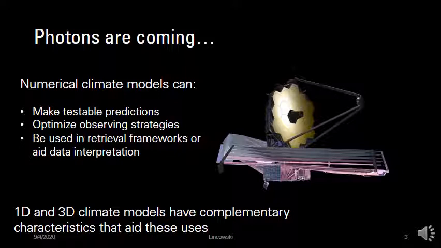These could include different band passes, the number of transits, etc. These models can also be used in retrieval frameworks to constrain the temperature structures or gas abundances of key spectrally visible gases, and in particular aid data interpretation when we do have these constraints and have to explain how these gases can exist and whether the planet may be habitable or inhabited. 1D and 3D climate models have complementary characteristics that can aid in these various aspects, that I hope Samantha Gilbert in her talk has shed light on as an introduction to this.